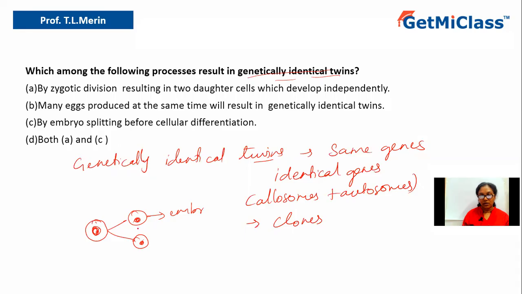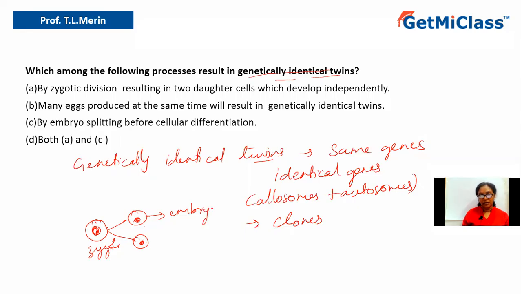The two daughter cells have formed from the same zygote, and they are divided by mitotic division, not meiotic division. Hence they will have the same chromosome number and the same genes, everything will be the same.